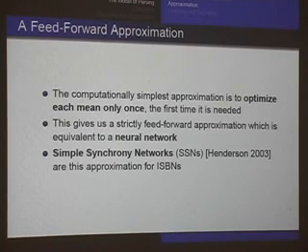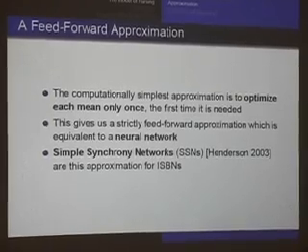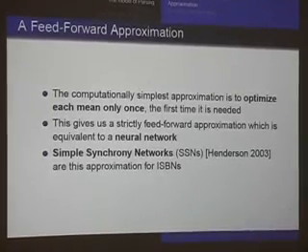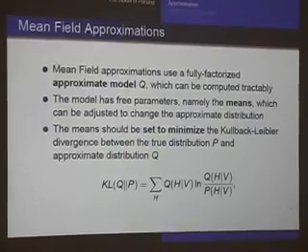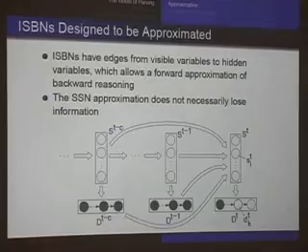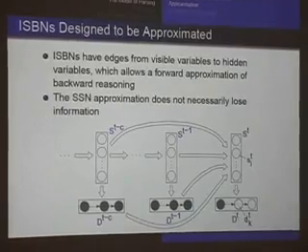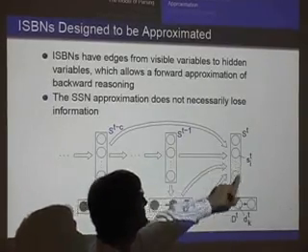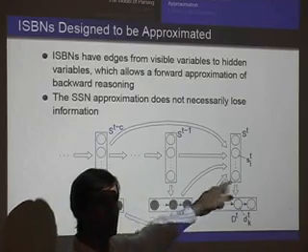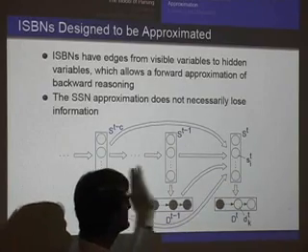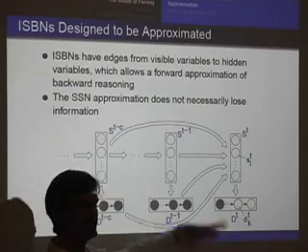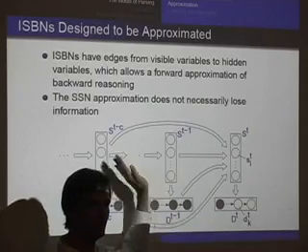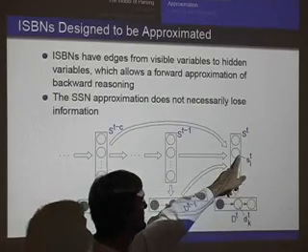What are some examples of these means that you're estimating? Each one of these variables has a mean associated. The Q distribution is just exactly like this, only without any links, where it's fully factorized, and each one of these has a mean.